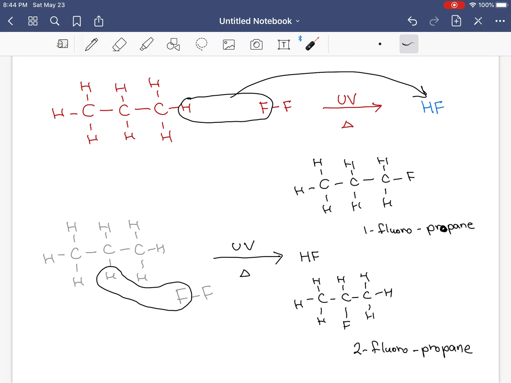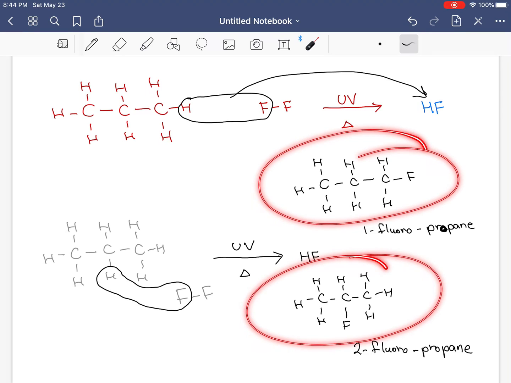No doubt. Okay? Now, if you decided to study organic chemistry at the post-secondary level, you'll notice one more thing though, that this and this are not going to be equal. Meaning that if you're going to take propane and react it with fluorine gas in a reaction vessel, it's not like you're going to get 50% of this and 50% of that.